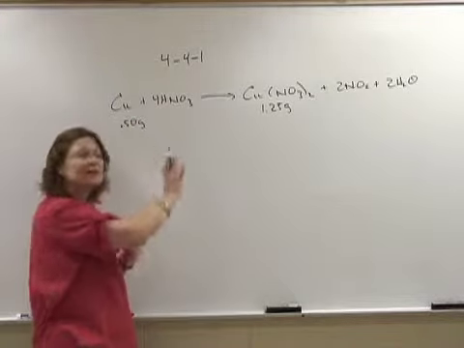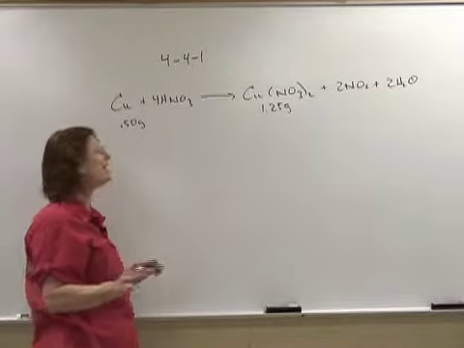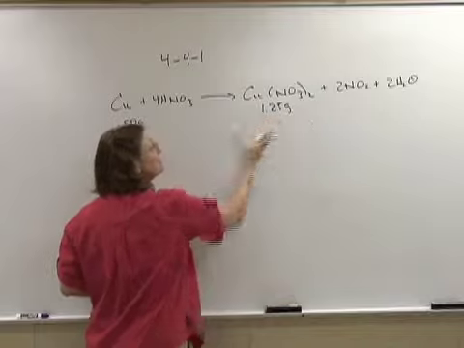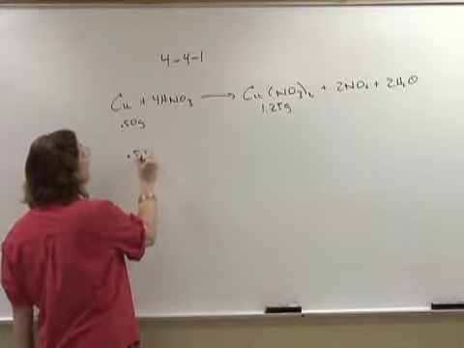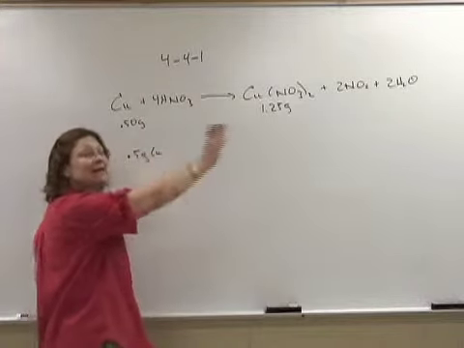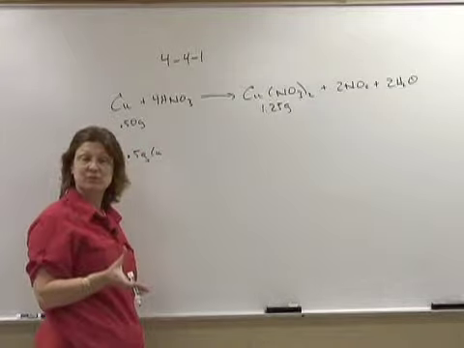And these numbers definitely are different than the ones in the lab, but the process will be the same. So I need to know what their percent yield is of this copper 2 nitrate. And therefore, I'm going to take my 0.5 grams of the copper and find out theoretically how much of this copper 2 nitrate should be able to be formed.